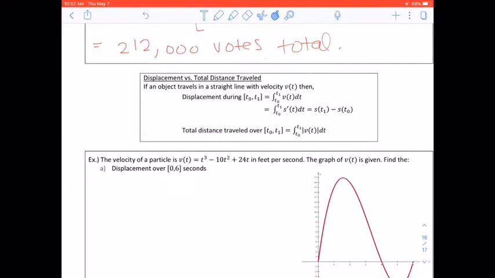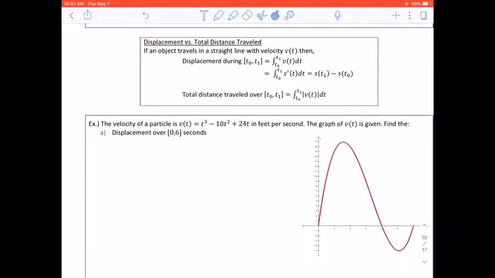Okay, displacement versus total distance traveled. It says if an object travels in a straight line with a velocity of v of t, then the displacement from t0 to t1 is the integral from t0 to t1 of v of t dt, which is equal to the integral of s prime, the derivative of our position function, and that's equal to s of t1 minus s of t0.